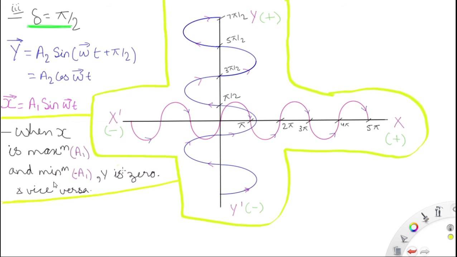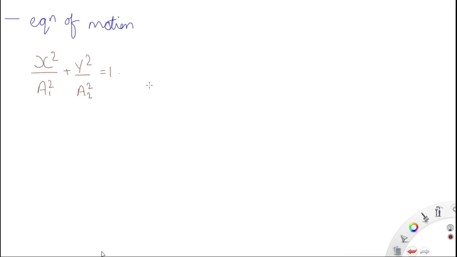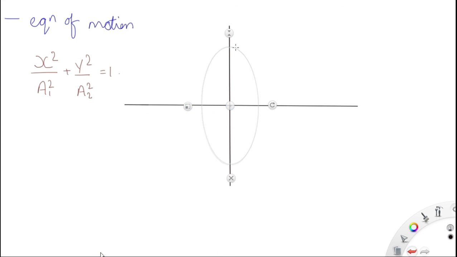This can be seen in the graph also. Now the equation of motion: x by a1 whole square plus y by a2 whole square is equal to 1. So this is the ellipse.